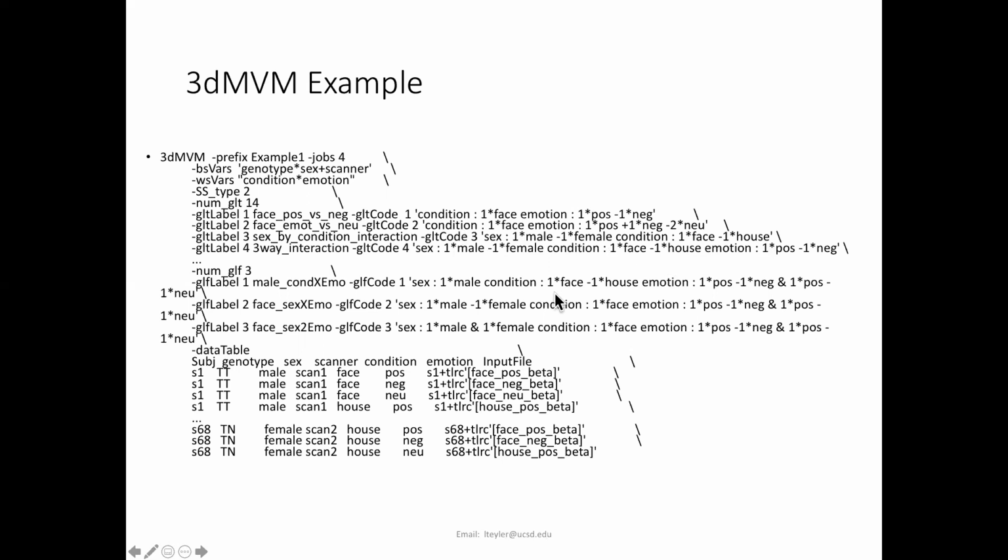So you have to specify that, and then you'll get out results. And then here there is a data table that you enter. This specifies the subject number, the genotype, the sex, the scanner, the condition, the emotion, and then which input file goes along with that unique combination of things.